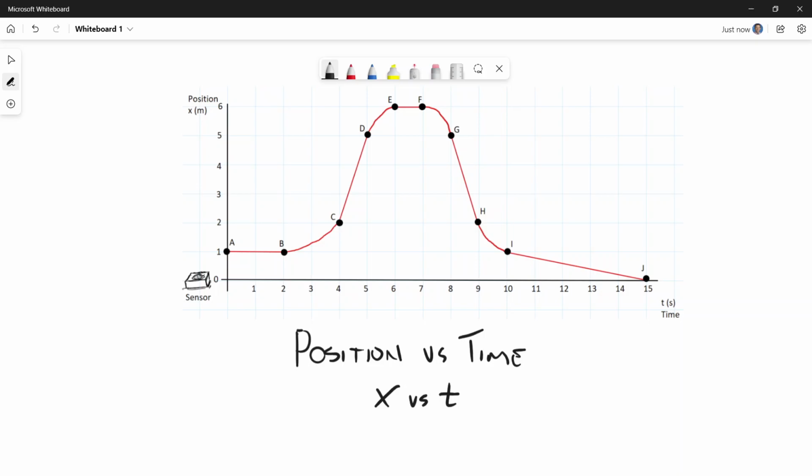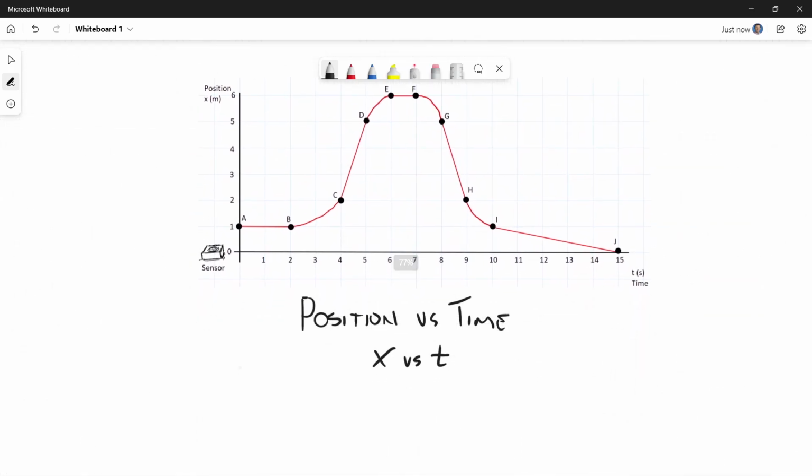There are a couple of things that will really inform how we analyze the motion of an object. The most important thing to look at in a position time graph is the slope of the lines. In math class, slope is the rise over the run, which here is the change in position over the change in time.